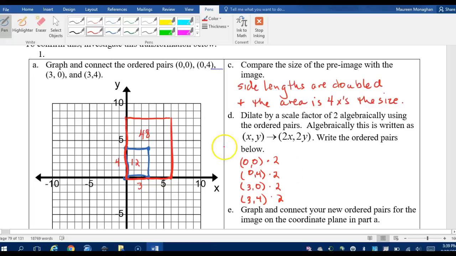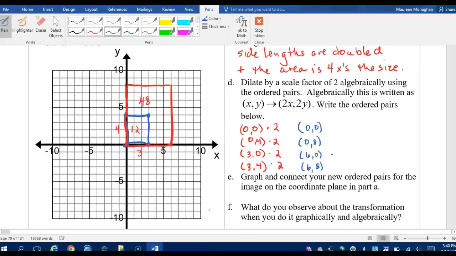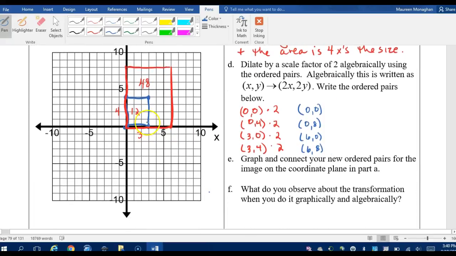And we're going to write our new ordered pairs. This one doesn't change. That stays (0, 0). This becomes (0, 8). This becomes (6, 0). And this becomes (6, 8). Graph and connect your new ordered pairs. So let's plot our new ones.